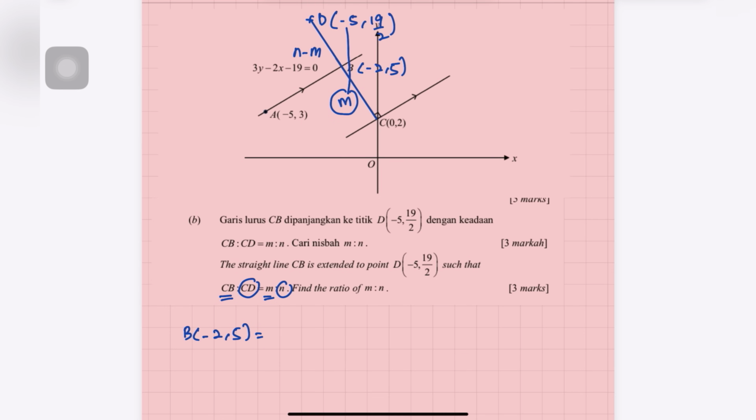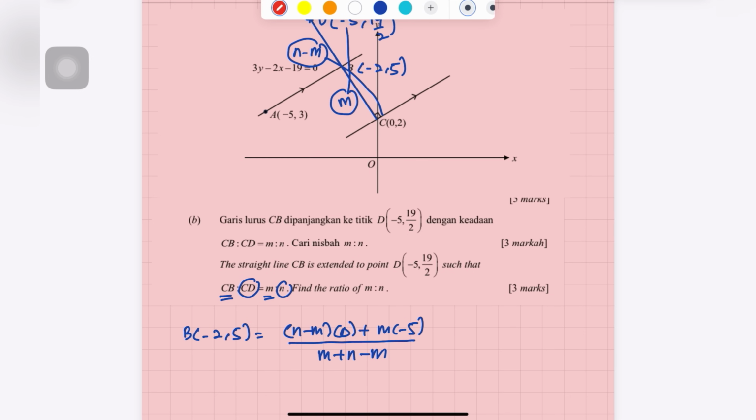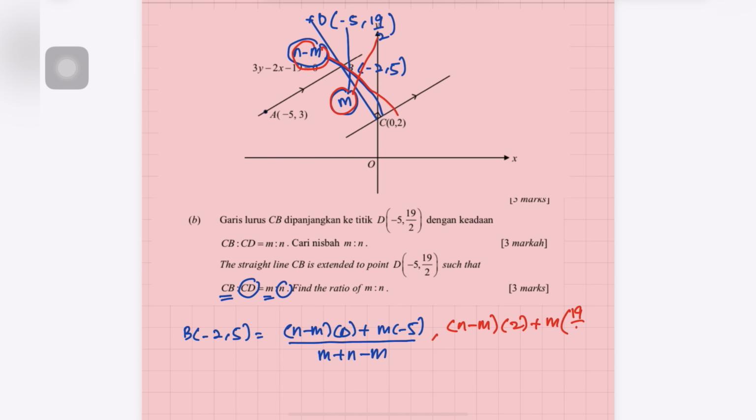So N minus M times 0 plus M times negative 5 over M plus N minus M. Next for coordinate y, again we cross this with this. So N minus M times 2 plus M times 19 over 2, divided by M plus N minus M.